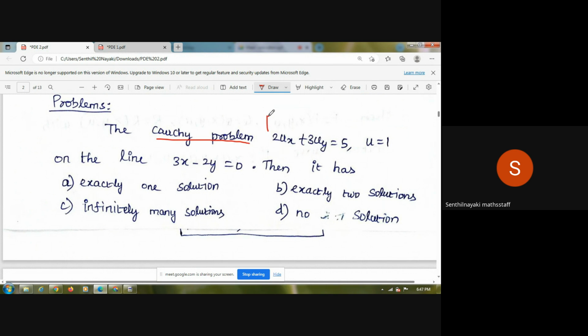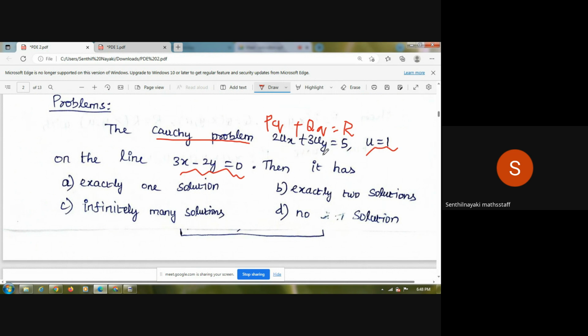You can now easily identify it is of the form Pp plus Qq equal to R, almost Lagrange's linear equation. If it is Lagrange's equation, this one equation is enough. The other two equations are not needed, but in the Cauchy problem they have given these two equations.